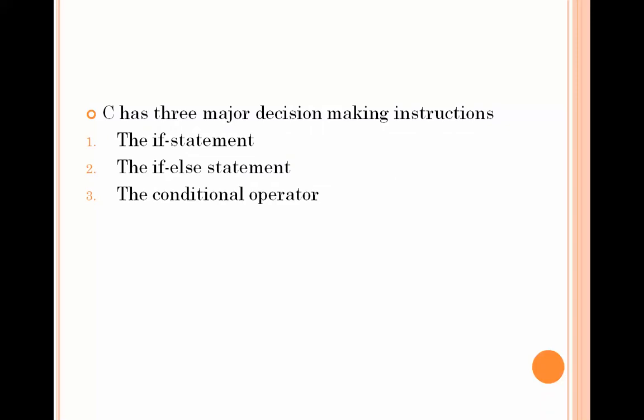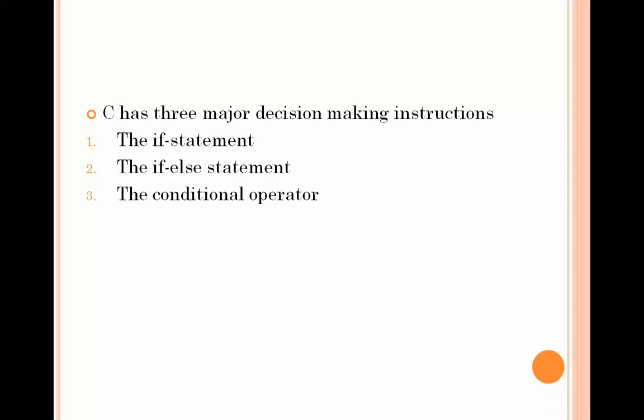At a broader level, there are various decision making statements, or decision making instructions, but I can say that C has three major ones. We have the if statement, the if else statement, and the conditional operator.